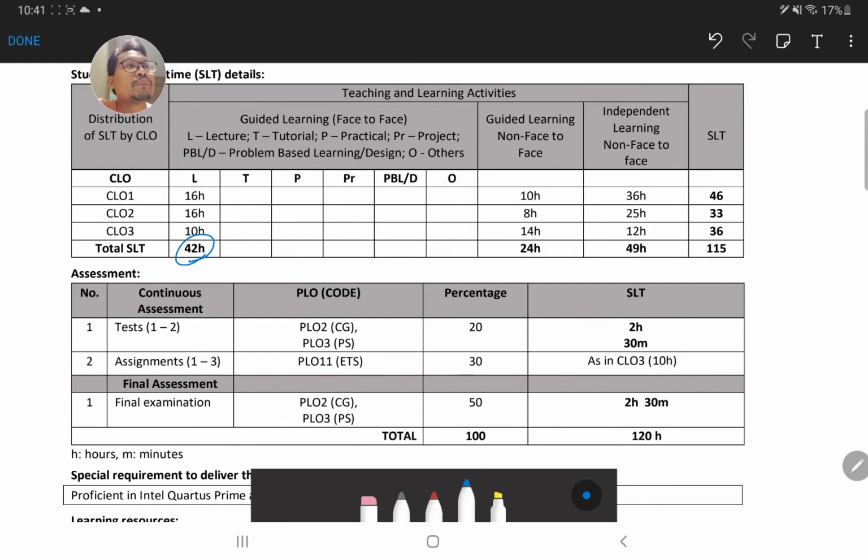And then the amount that you should spend by yourself, non-face-to-face, is basically around 70 hours here. Okay, we expect you to spend, for every 1 hour of lecture, maybe 2 hours outside of lecture, to be effective and to really appreciate the course, okay.